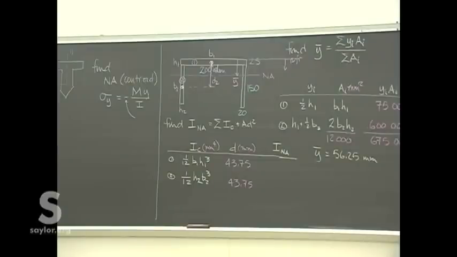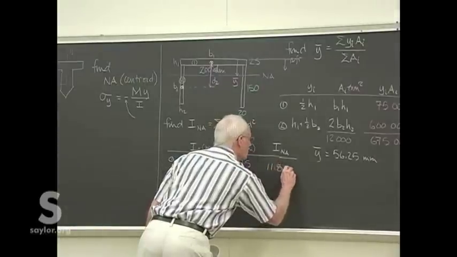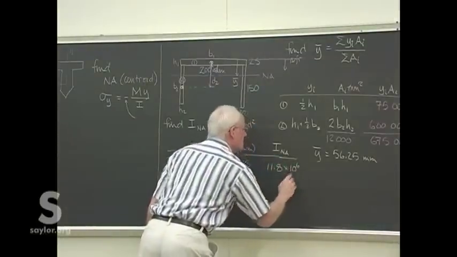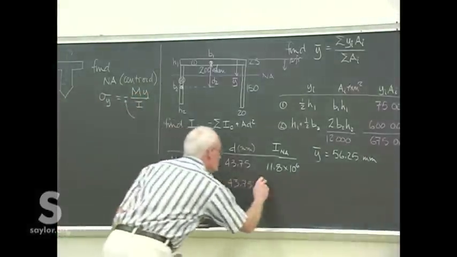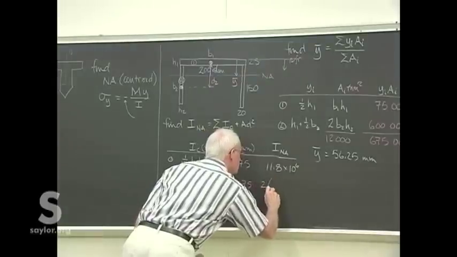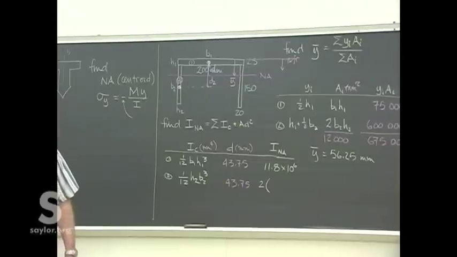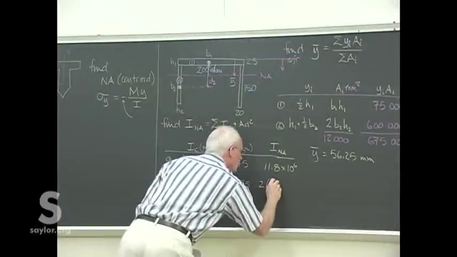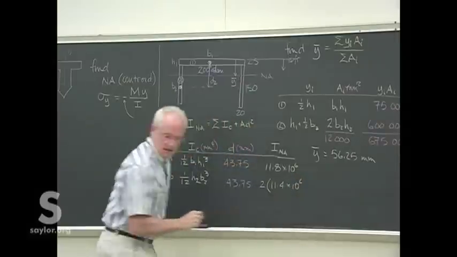So these numbers turn out to be, because we're in millimeters, pretty big. 11.8 times 10 to the 6th. This is millimeters to the 4th. And then 2 times, because there's two portions on either side, 11.4 times 10 to the 6th.